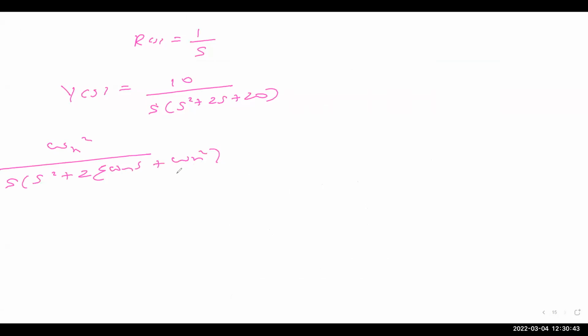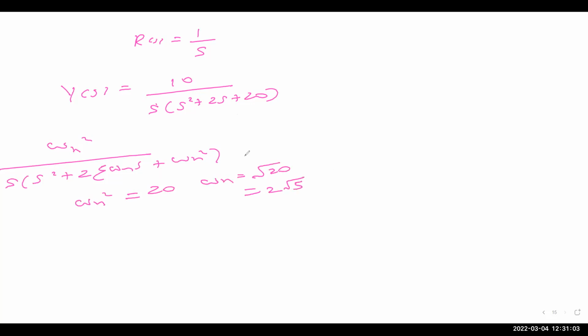So we have to get these parameters. We need omega n squared, which is simply 20. So omega n is the square root of 20, which is equal to 2 square root 5, right?